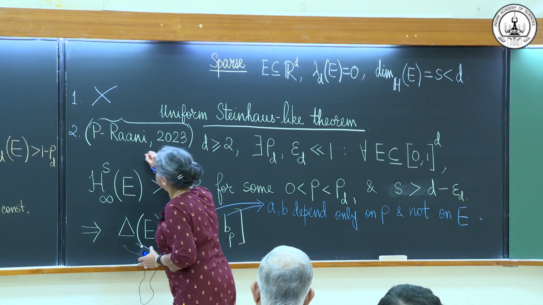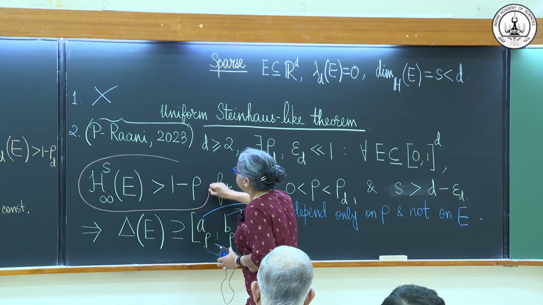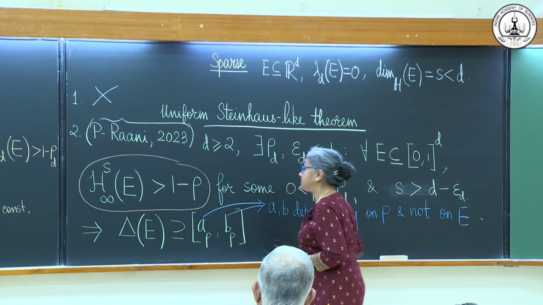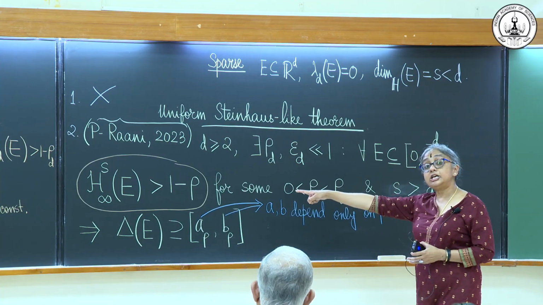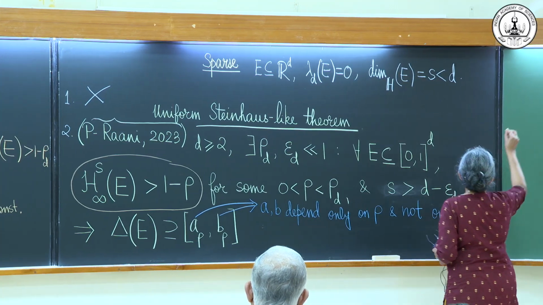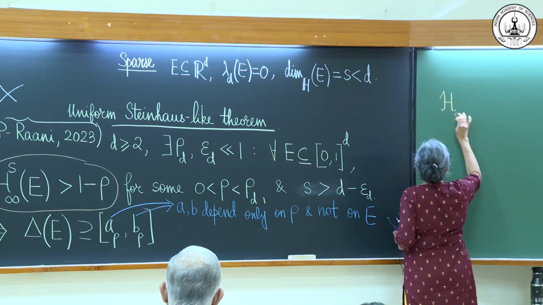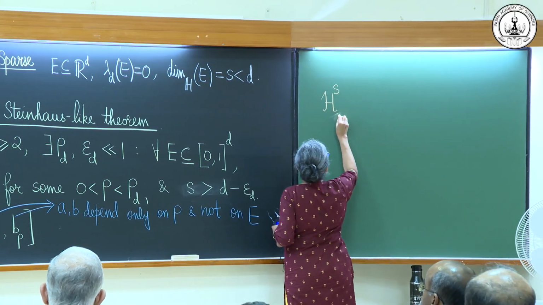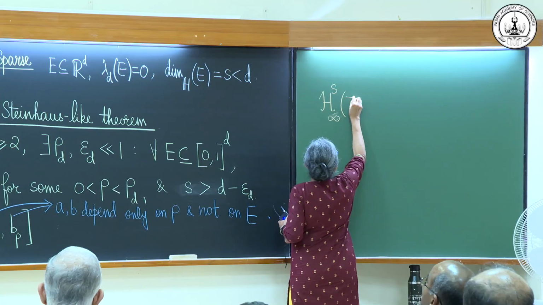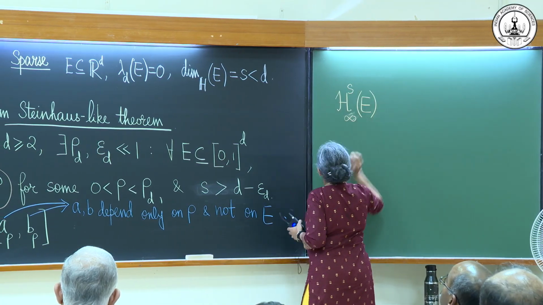This is the quantification of largeness, and I should explain to you what this H^s infinity means. So what is H^s? This is called the s-dimensional Hausdorff content of E.